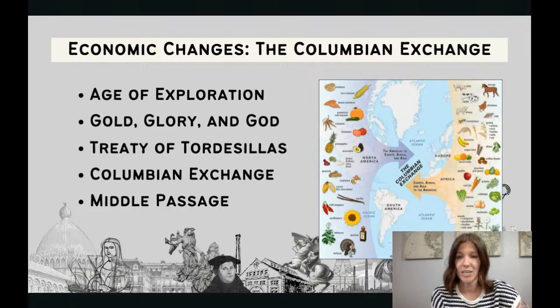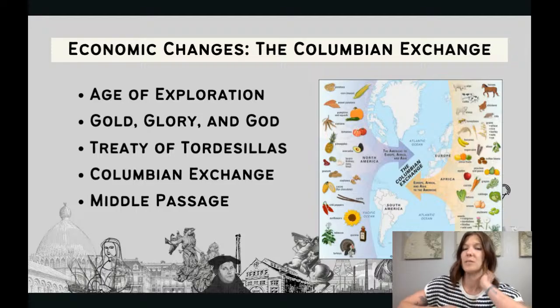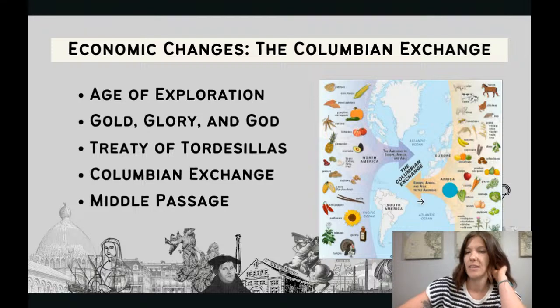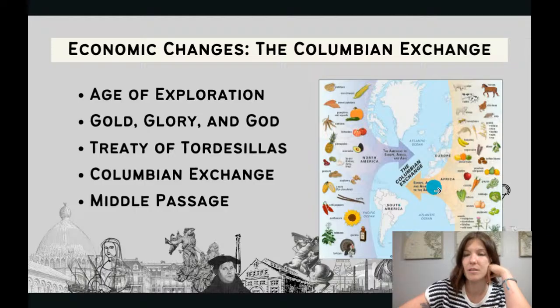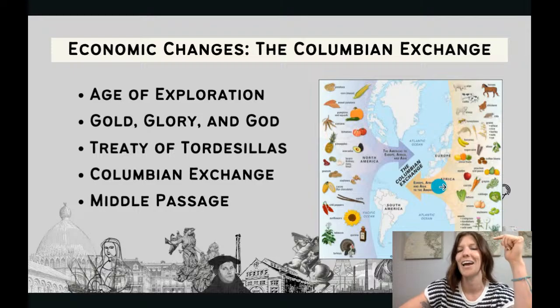And then they set up plantations using, specifically, once indigenous labor failed, the African slave trade. So the Middle Passage refers to the passage specifically between Africa and the Americas. And this is going to be predominantly African kingdoms forced to be involved in the slave trade by a Portuguese king.